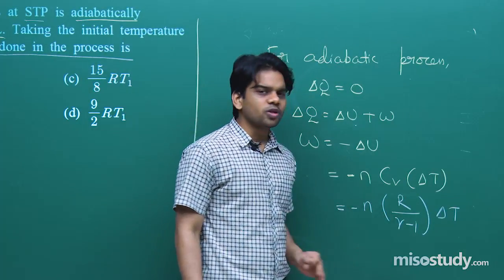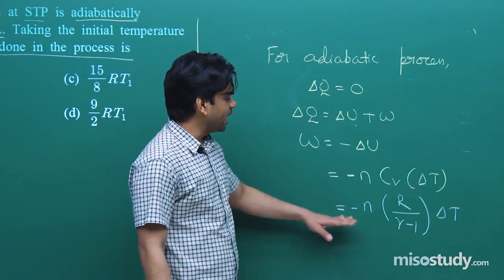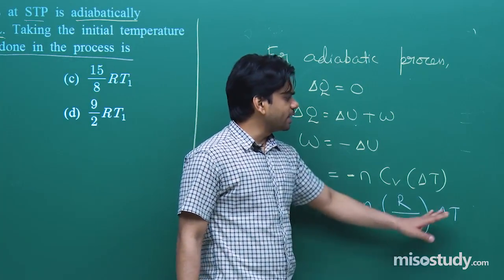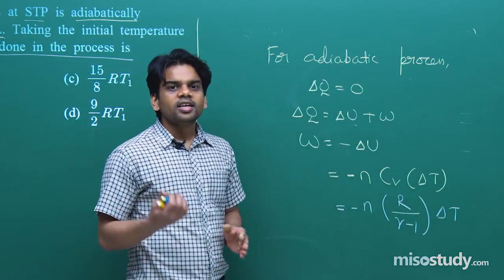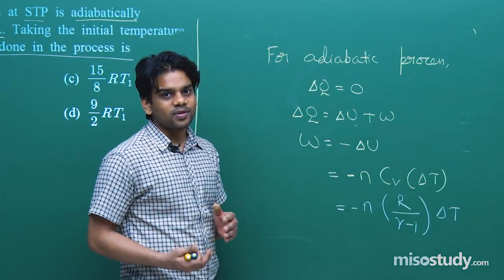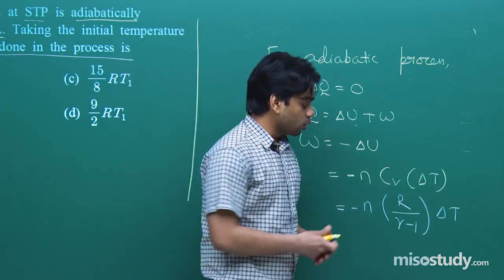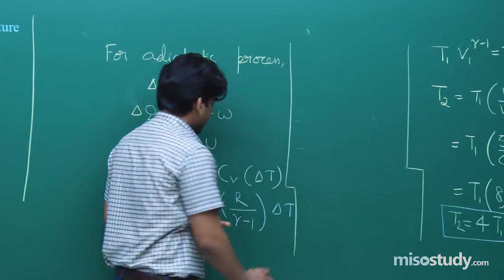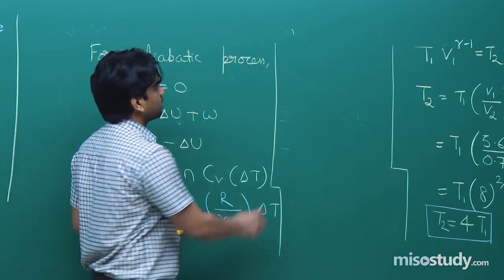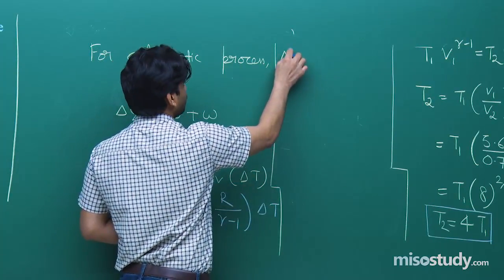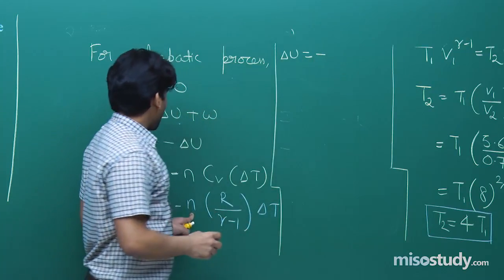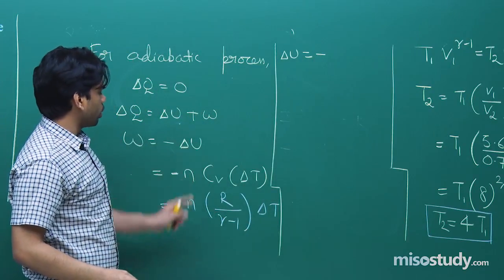And now you just substitute the values. You substitute n as 1 by 4, gamma as 5 by 3, that I already have told you. Delta T will come out to be T2 minus T1, and you will get the answer. So finally, see here, W equals minus delta U, I have already applied here.